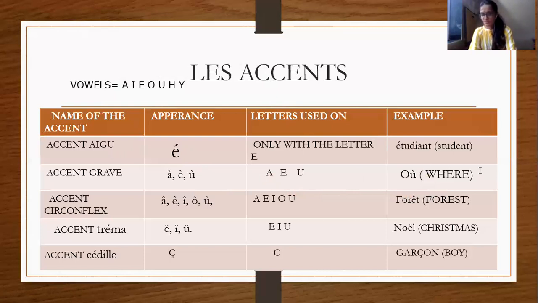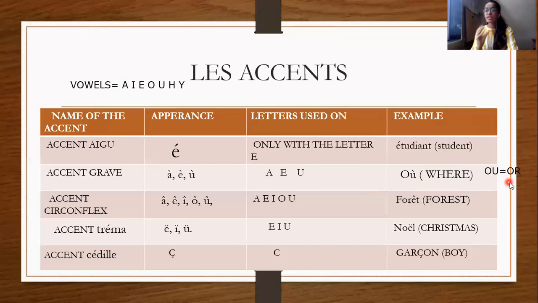As you can see, I have written on the screen, où equals ou. What does it mean? I mean to say, où with the accent grave becomes where, but ou without the accent grave becomes or.